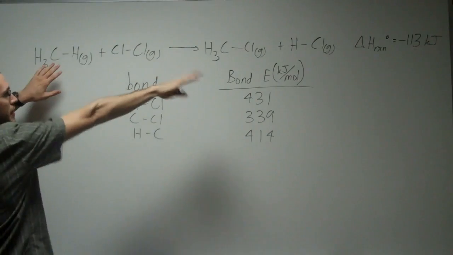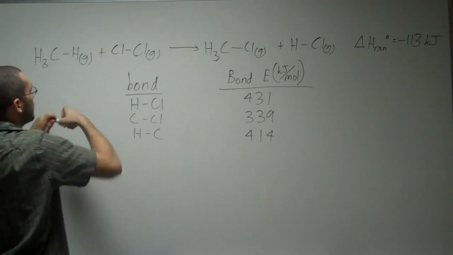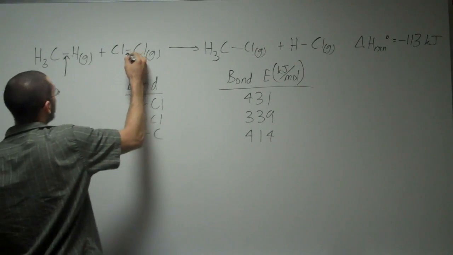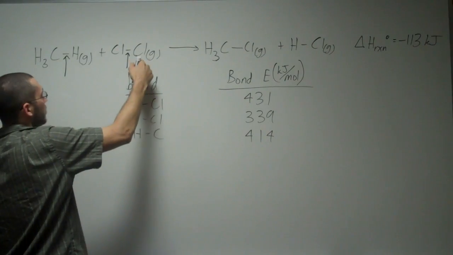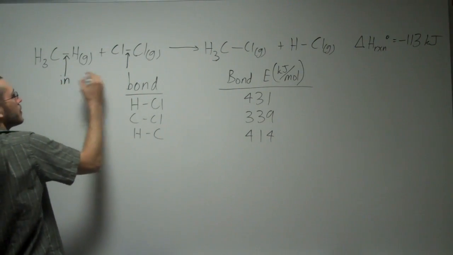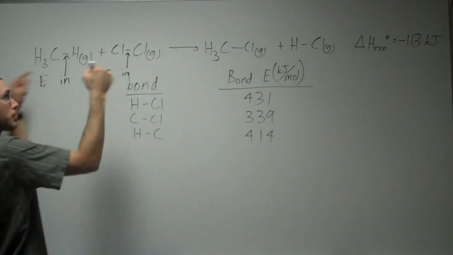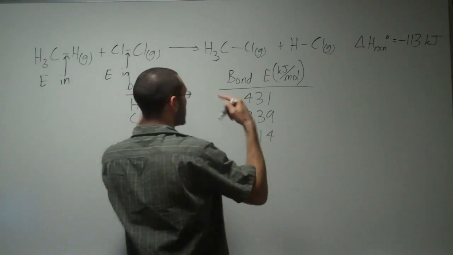In order to make my products, which is where I'm going to be in the end, I first have to put energy into this bond and this bond, the CH bond and the ClCl bond. I have to put energy in order to break them. That doesn't seem so bad, conceptually.